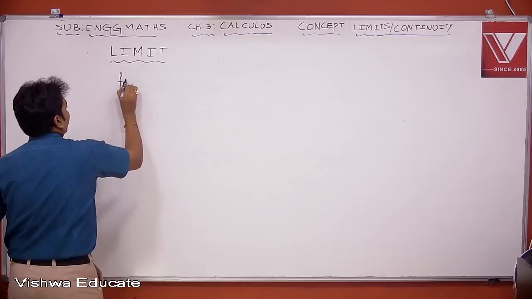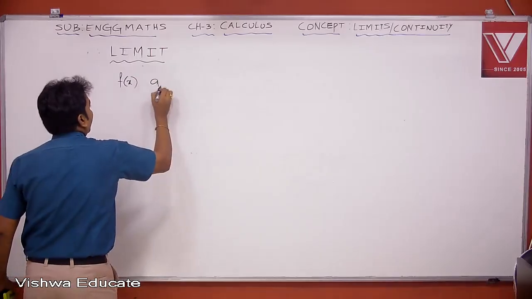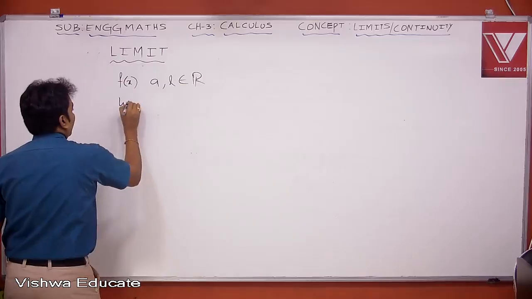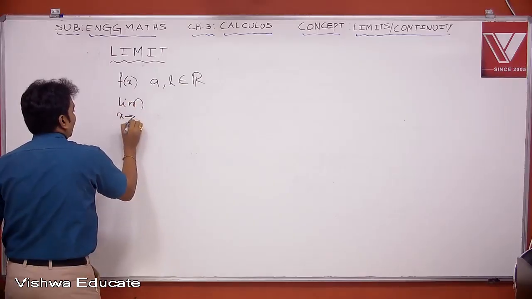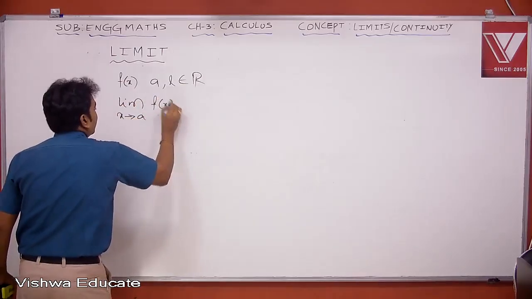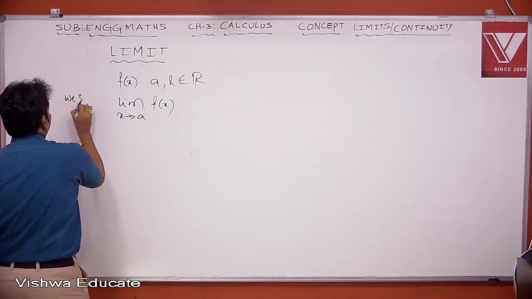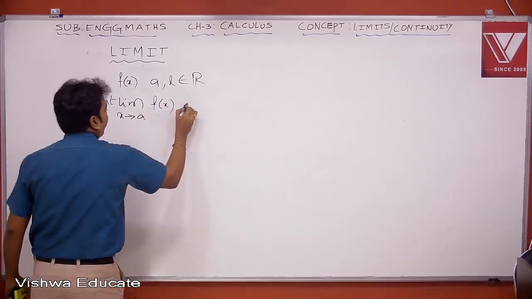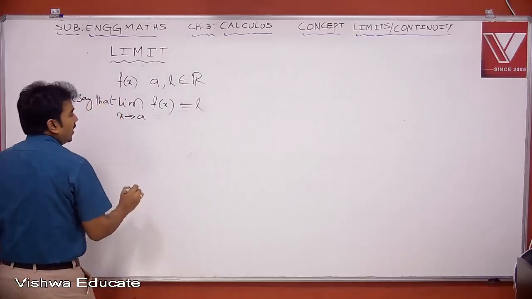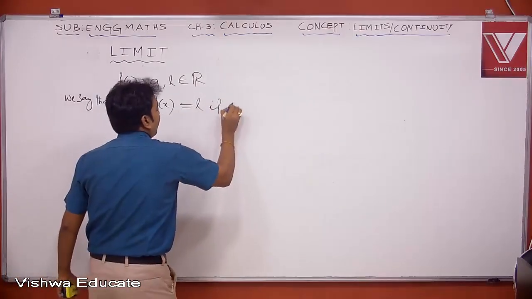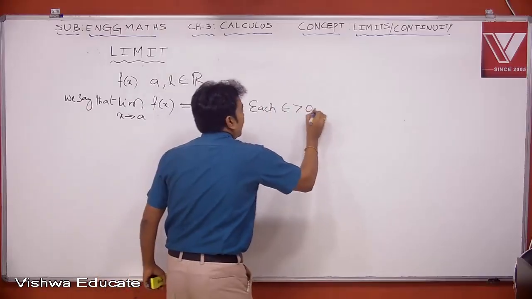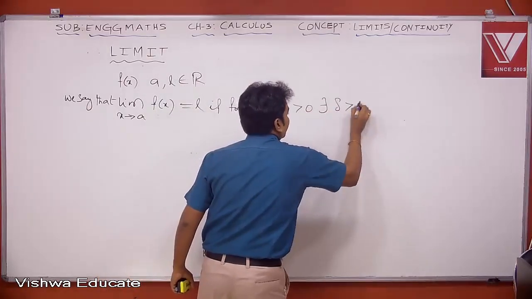Suppose f of x is a function and a, L are two real numbers. Now I want to calculate this limit, that is limit x tends to a of f of x. So we say that limit x tends to a of f of x equal to L if for each epsilon greater than 0 there exists delta greater than 0.